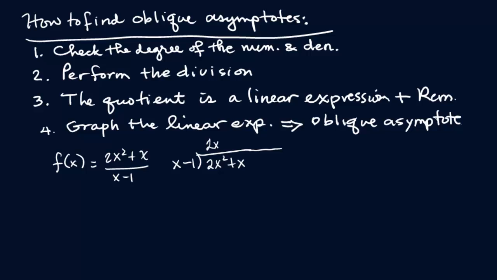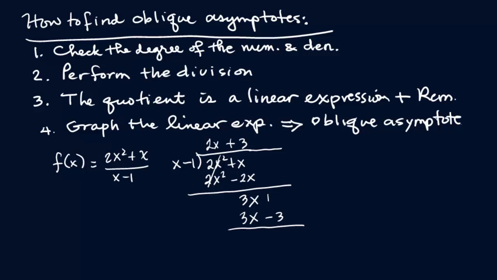And then you multiply 2x by the divisor, so that is equal to 2x squared minus 2x. And then of course the top minus this second line, that cancels out, and x minus a minus 2x becomes 3x. And of course we take now 3x divided by x, and that's equal to 3, and then you multiply, that becomes 3x minus 3.